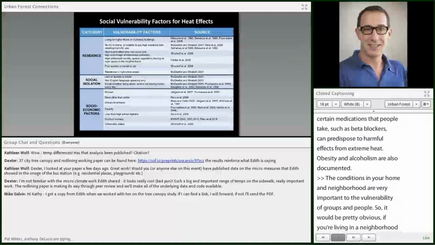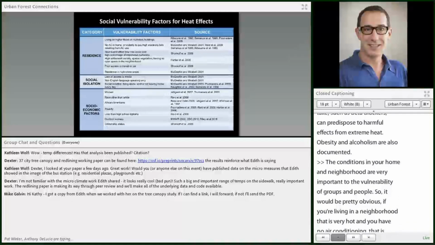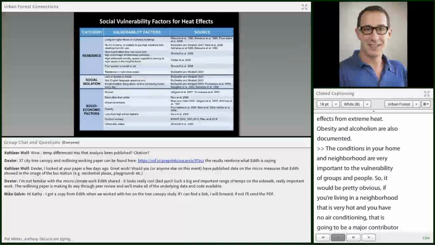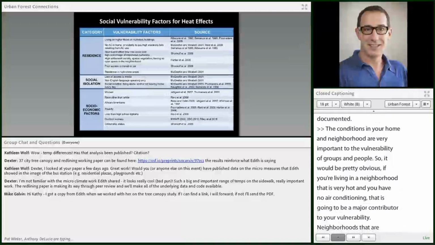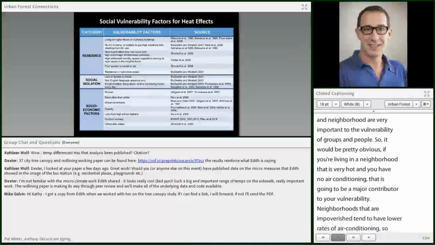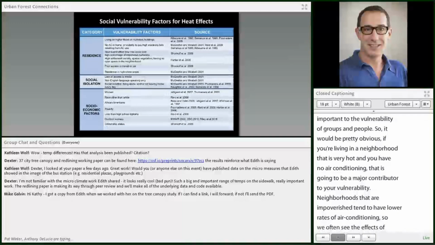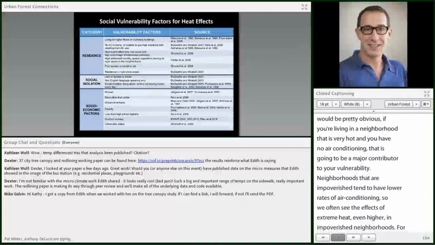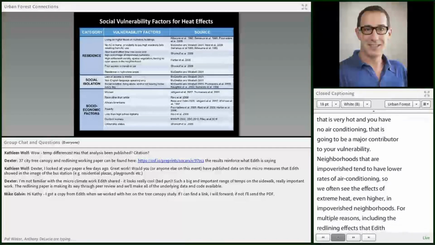And neighborhoods that are impoverished tend to have lower rates of air conditioning, so we often see the effects of extreme heat even higher in impoverished neighborhoods for multiple reasons, including the redlining effects that Edith talked about, as well as these sort of resource allocation issues of lack of air conditioning.